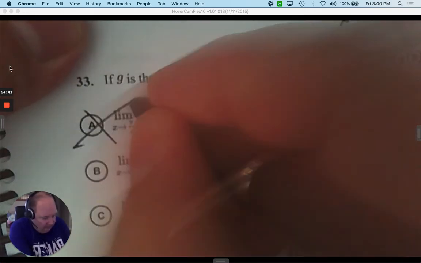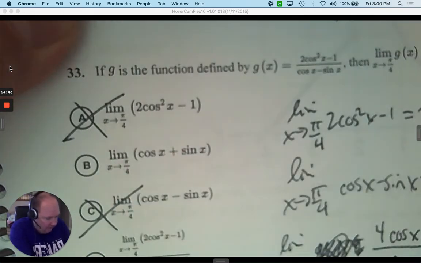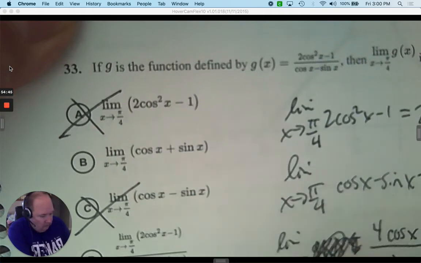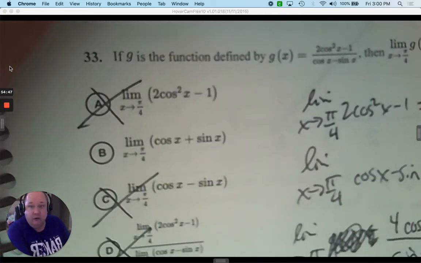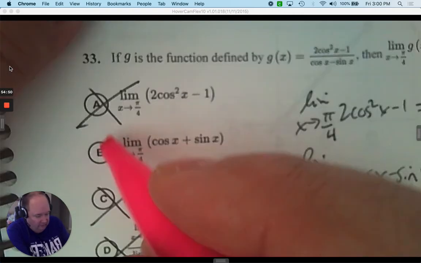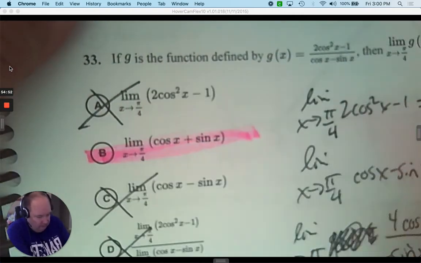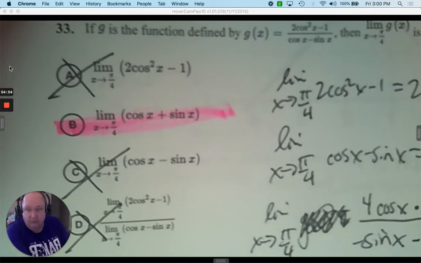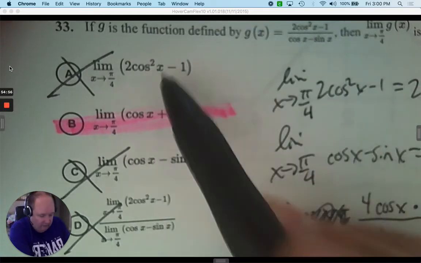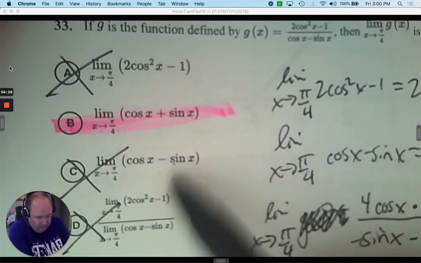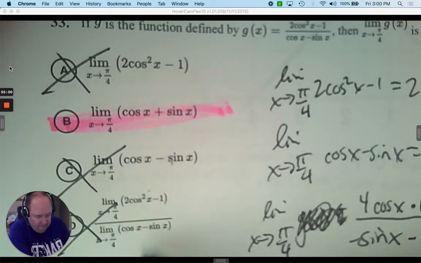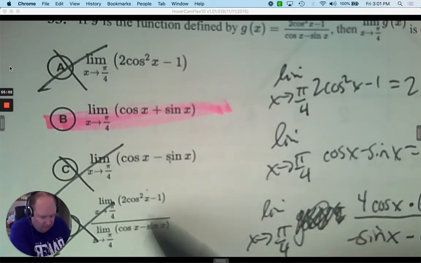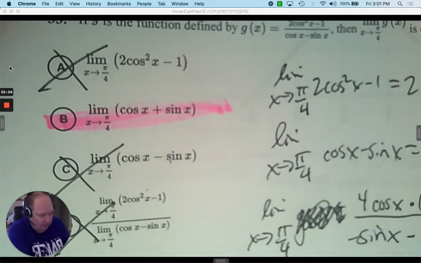It's obviously not equal to the numerator or denominator, or this, because that's that. So you can use process of elimination and know none of those are true in terms of the limit value. So B is the only one it could be, because all of this is not true. That answer is 0 and 0, and that's indeterminate. That's 0 over 0. So this is the one that could be true.